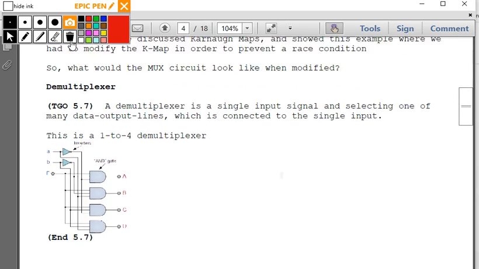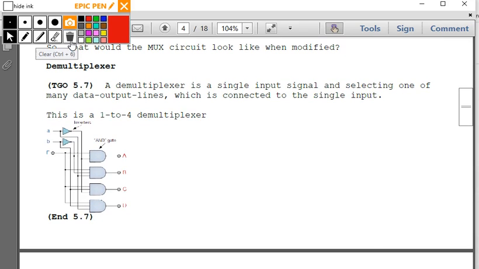So demultiplexers. I have multiplexer, I have 4 to 1 multiplexers, but here, this is a 1 to 4 demultiplexer. So a demultiplexer is a single input signal.